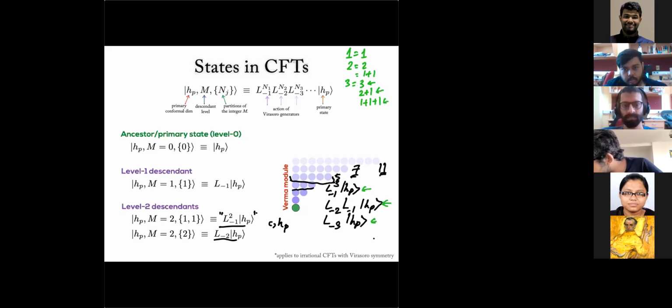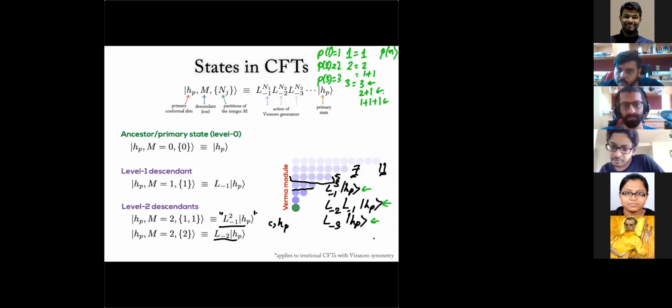So we write P(n) for the number of partitions of an integer n. So P(1) is 1, P(2) is 2, and P(3) is 3.